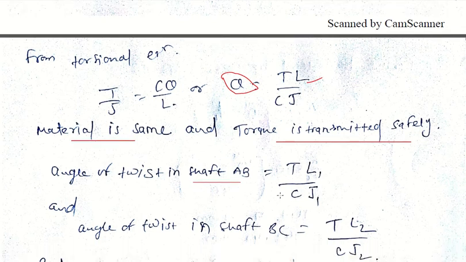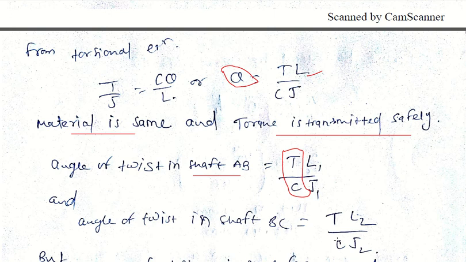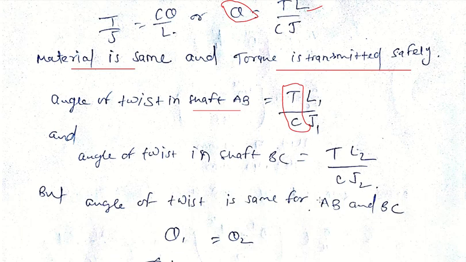Now TL1 by CJ1, material is the same and the torque transmitted is the safe value for both, so the torque value is the same. So T and C for both the shafts are the same. So here we have L1 and J1, and L2 and J2.